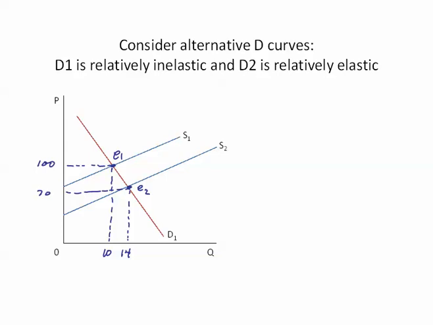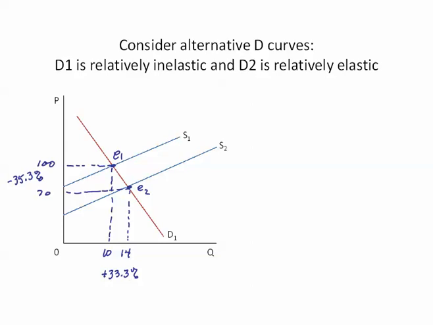at E2, and that represents a 35.3% drop in price. Remember, using the midpoint formula, the midpoint here is 85. Then from 10 to 14 represents an increase in business of 33.3%.